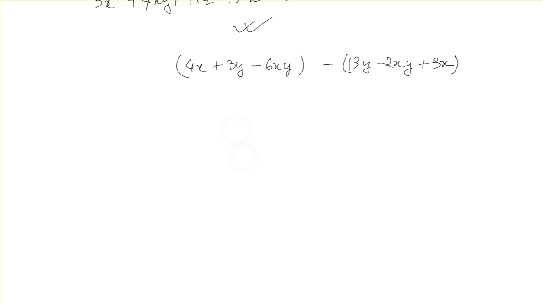First of all, we have to identify things and arrange these. So 4x, 3y minus 6xy, we have to subtract, is minus and plus. This is minus 3x.